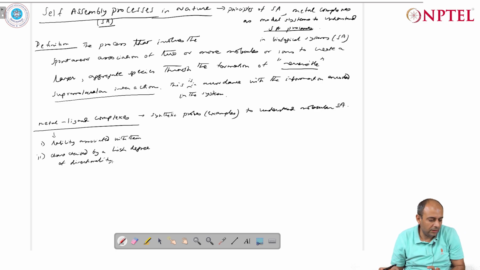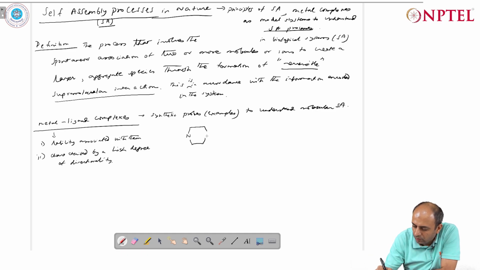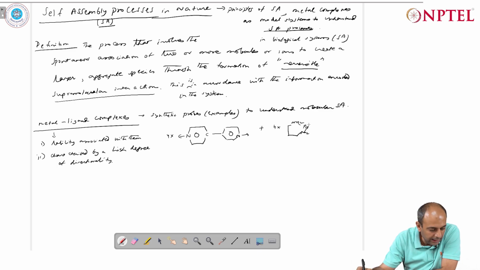For example, let us consider the following ligand. So we have nitrogen as the donor atoms, and we consider 4 equivalents of these, and 4 equivalents of a palladium complex with ethylenediamine.